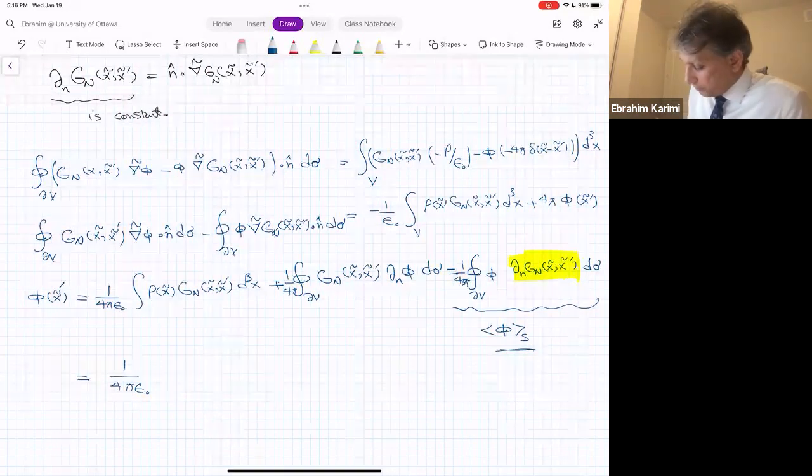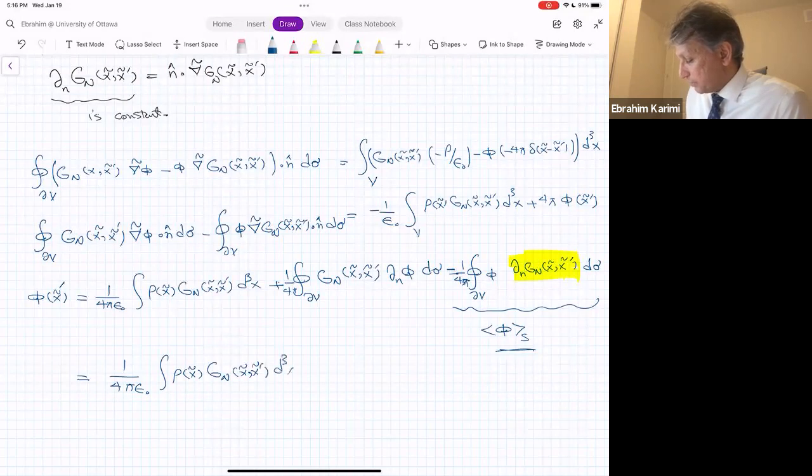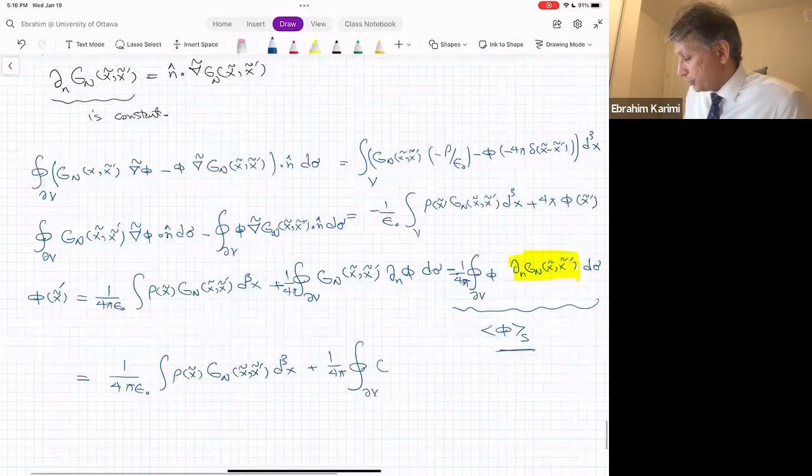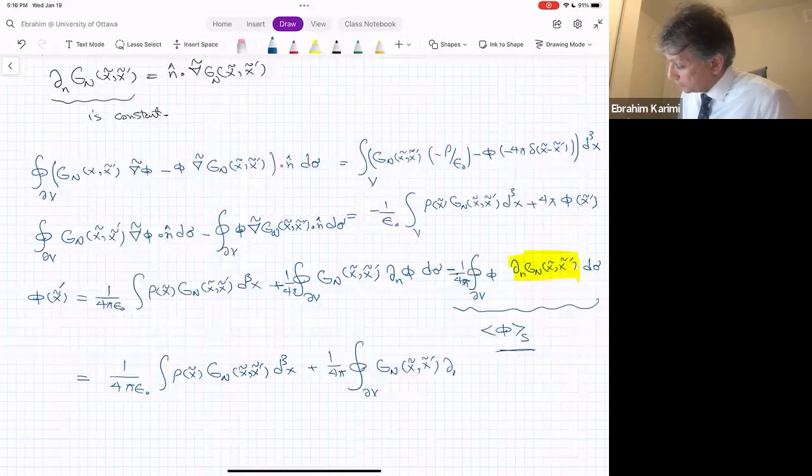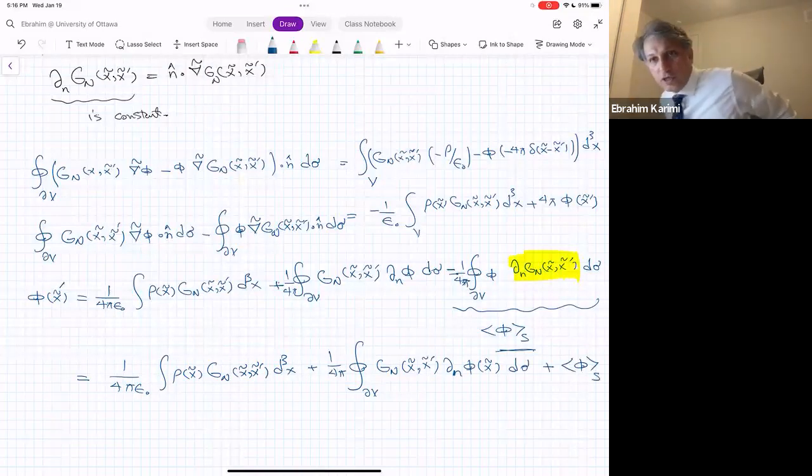So 1 divided by 4 pi epsilon naught integral of rho of x gn of x and x prime d3 x plus 1 divided by 4 pi integral on the surface of gn of x and x prime, derivative with respect to n of the potential, which here is a function of x only, d sigma plus an average of potential on the surface, a constant.